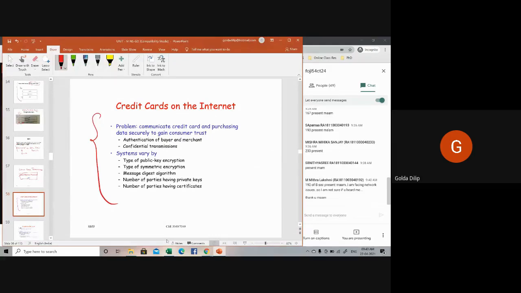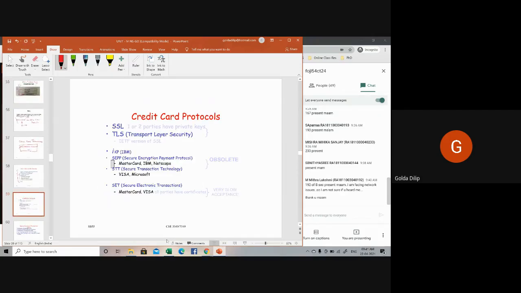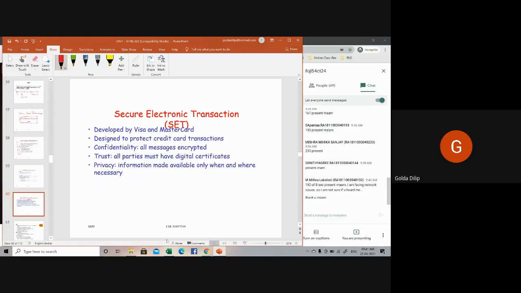Okay, so how to achieve authentication of buyer and merchant, and then confidential transmissions. To take care of all these things, we have what is called Secure Electronic Transaction. This will provide a secure environment for the various people involved in the transaction.